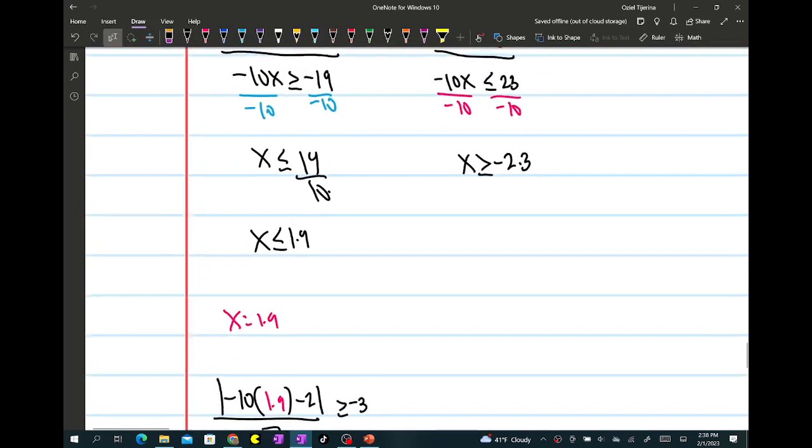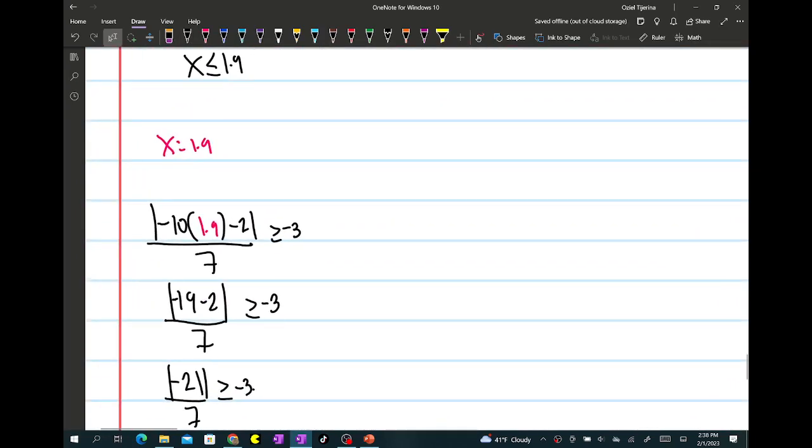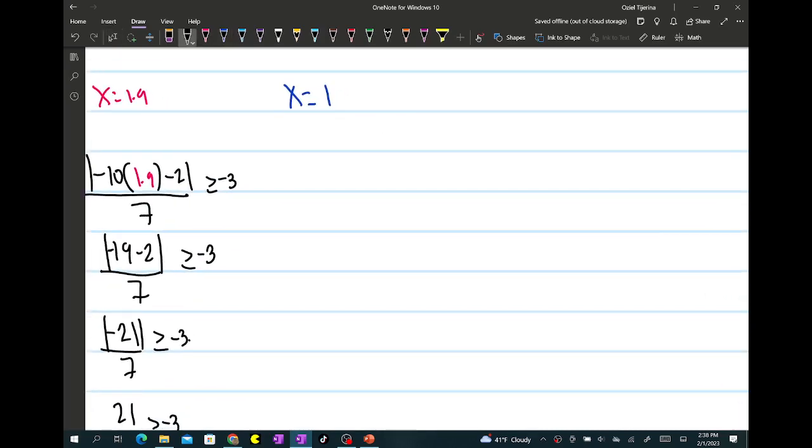Now, what if I pick something that is less than 1.9? So I'm going to pick x is equal to 1, right? So I'm going to do the same thing. So negative 10, absolute value of negative 10 times 1 minus 2 all over 7 is greater than or equal to negative 3, right?